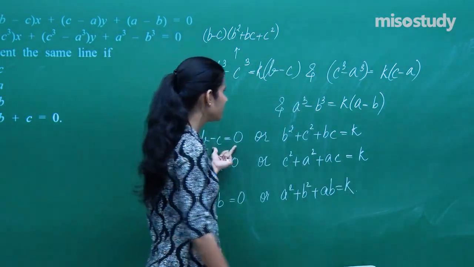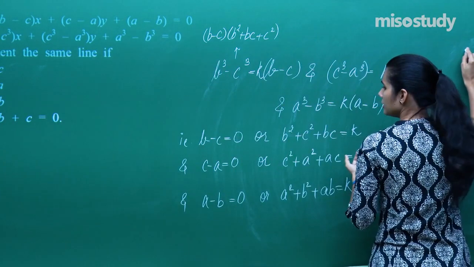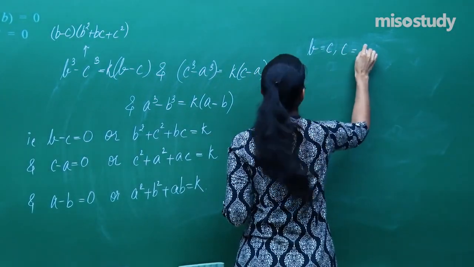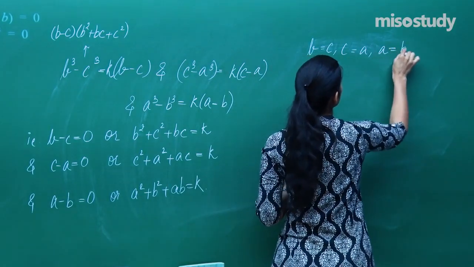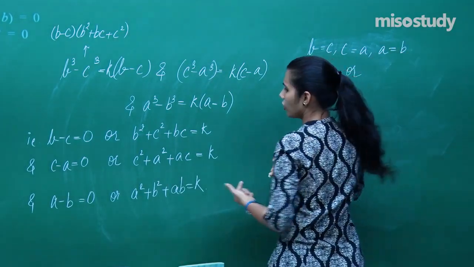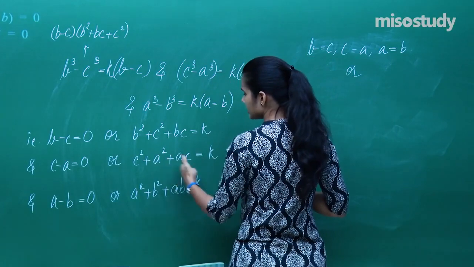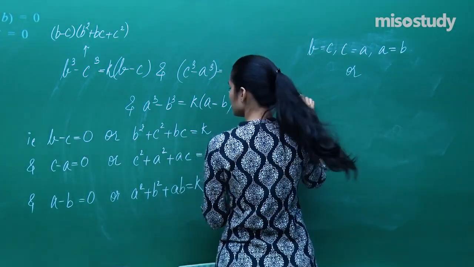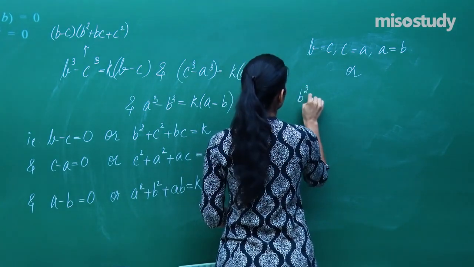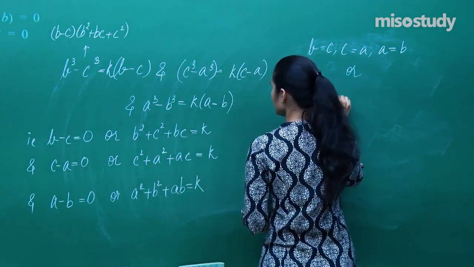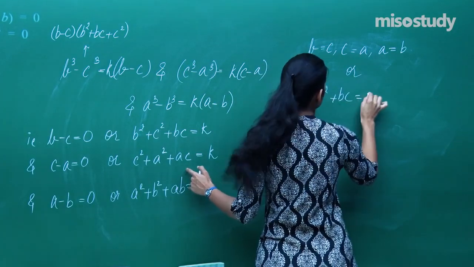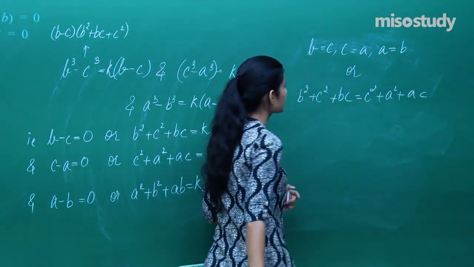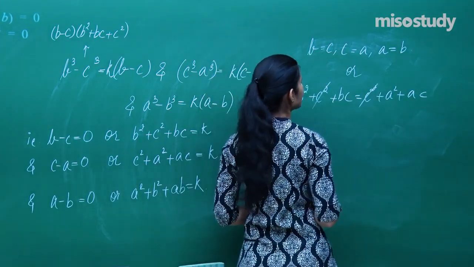That means from here what do you get? b equals c, c equals a equals b, or other condition is that k is this, k is this, k is this. That means all these three are equal. That means b square plus c square plus bc is equal to c square plus a square plus ac. Now from here c square gets cancelled out.